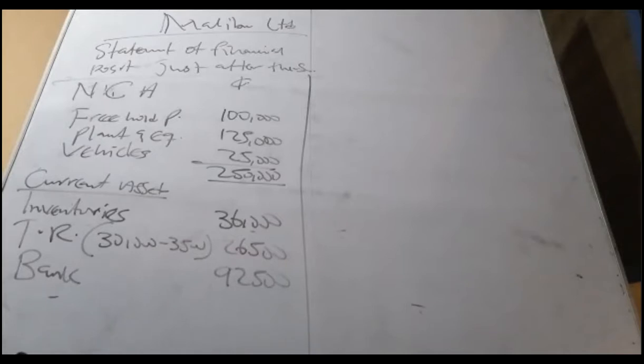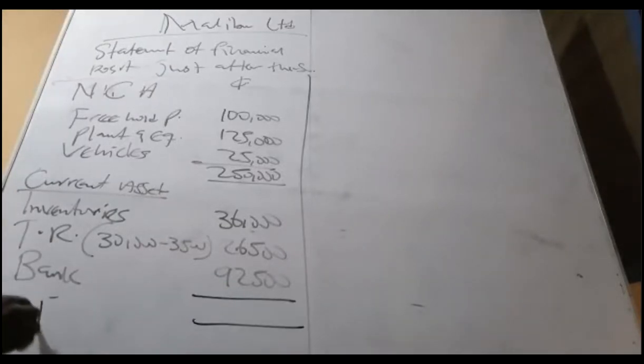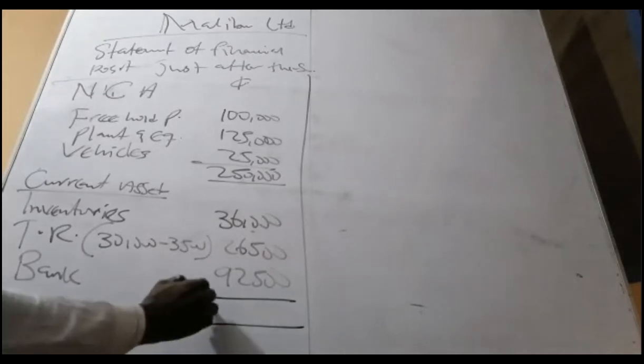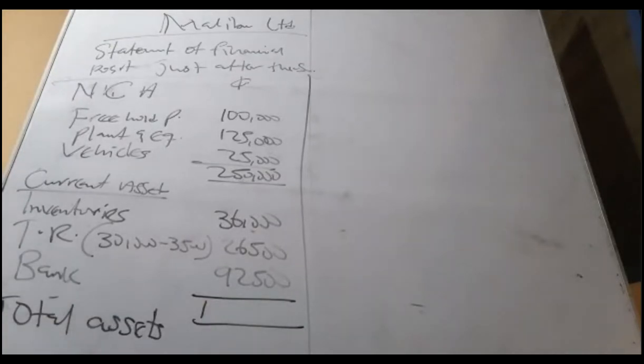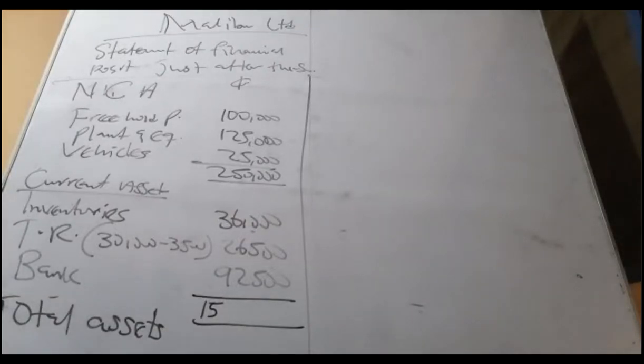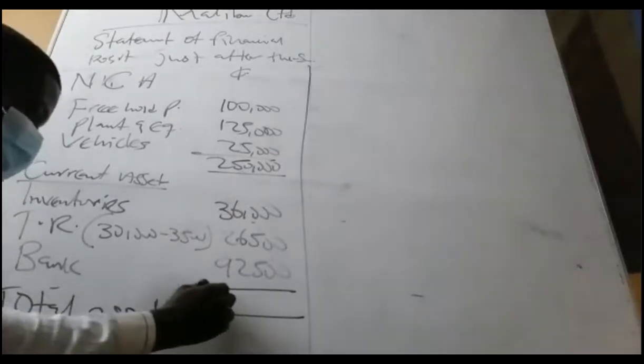Then we go to total current assets, then come to total assets. Current assets will give us 155,000.